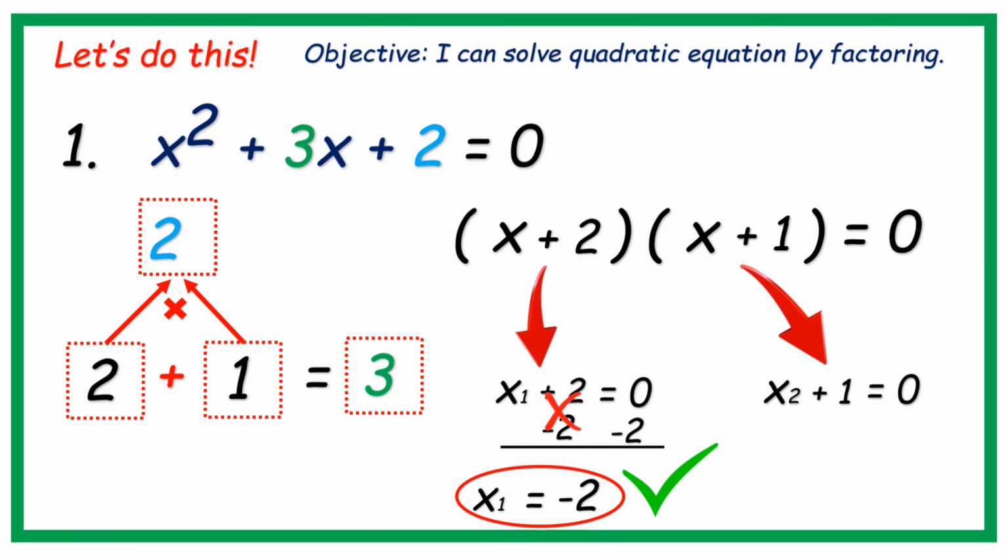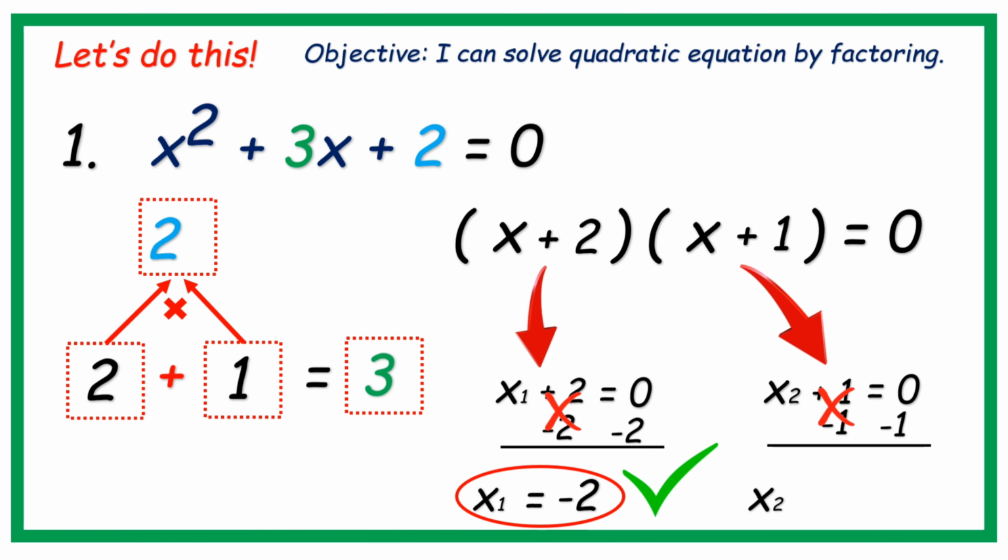Now let's answer x sub 2, x plus 1 equals 0. We need to isolate the variable, right? By adding negative 1. Again, when we add negative 1 or any number on the left side of the equation, we must do the same on the right side.